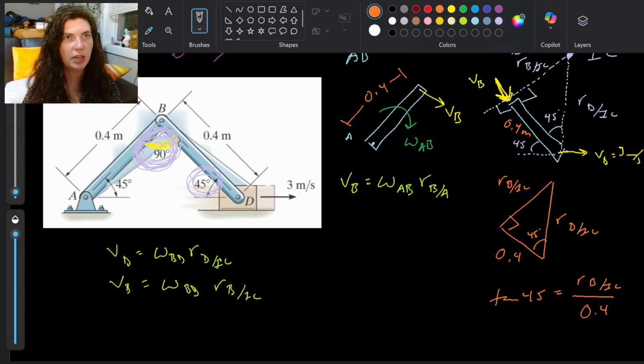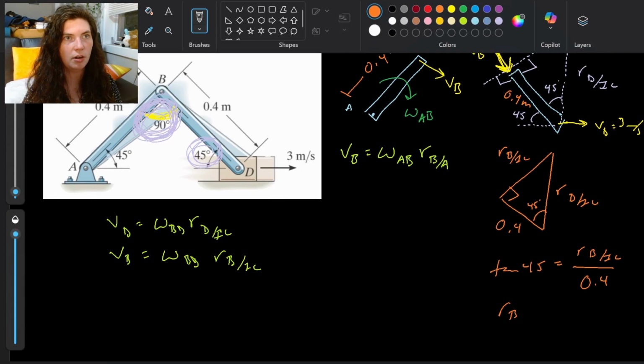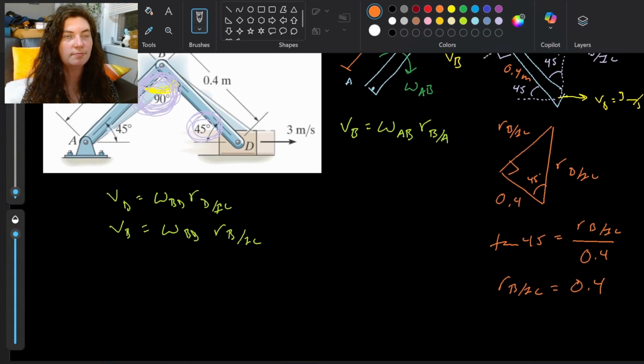If I rearrange, I get my R_B with respect to IC is just 0.4, because the tangent of 45 is 1.